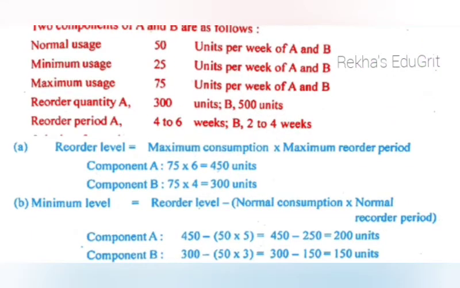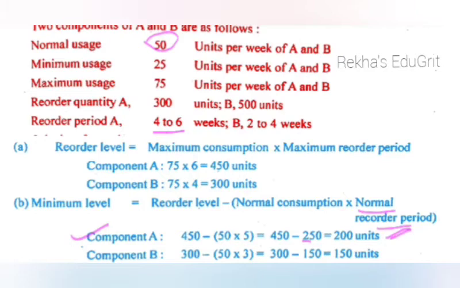For the first one, A, the normal consumption is 50, given in the question, into the normal reorder period, which we calculated as the middle value 5. So 50 into 5 is 250. Then we minus this 250 from 450, and we get 200 units.